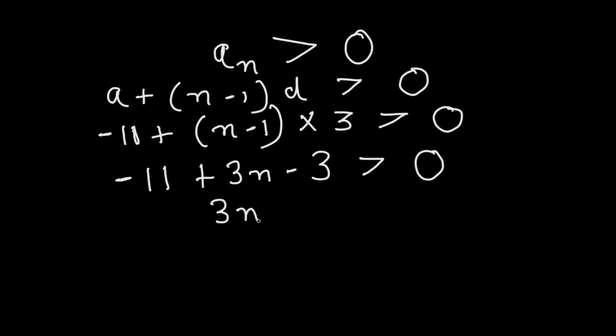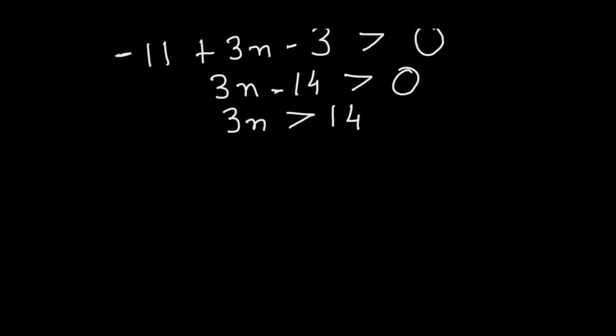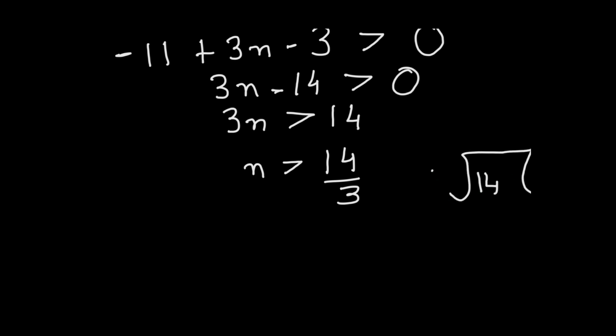So minus 11 minus 3 is minus 14, greater than 0. So 3n is greater than 14. So n is greater than 14 by 3. So if we divide 14 by 3, it comes out to be 3 4s are 12, 2.